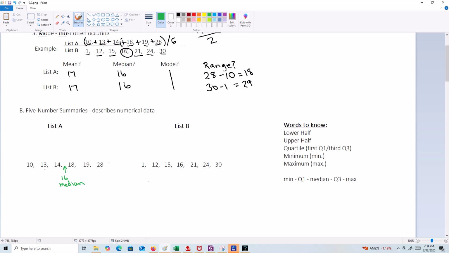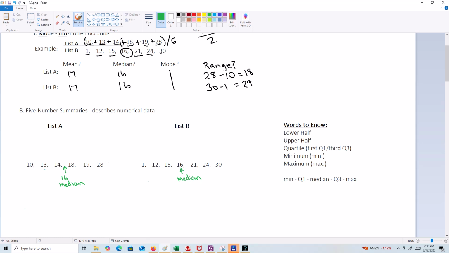And the median for list B was also 16. Now notice the median for list A does not actually appear in the list of data, whereas the median for list B does actually appear in the list of data.